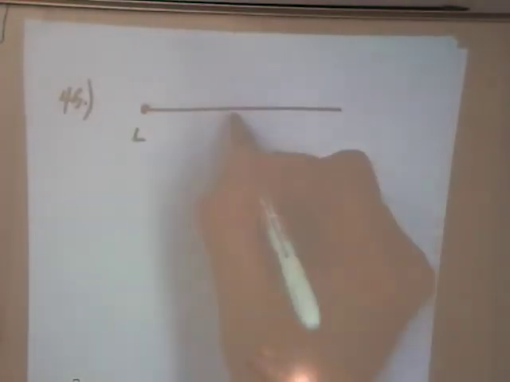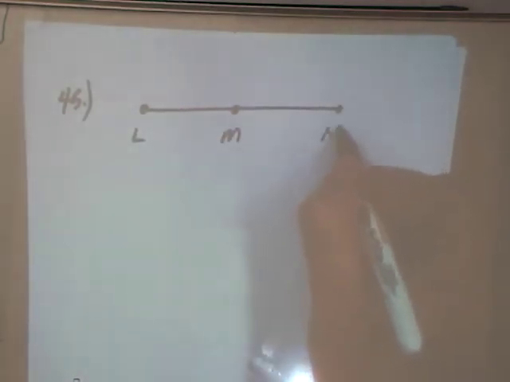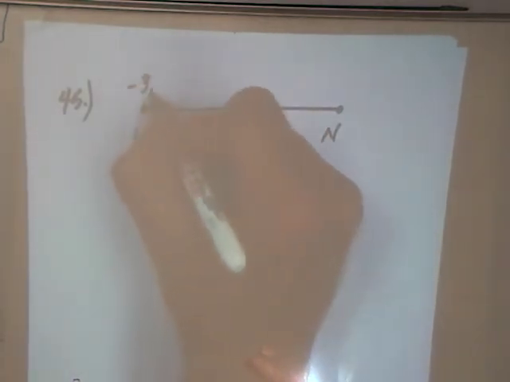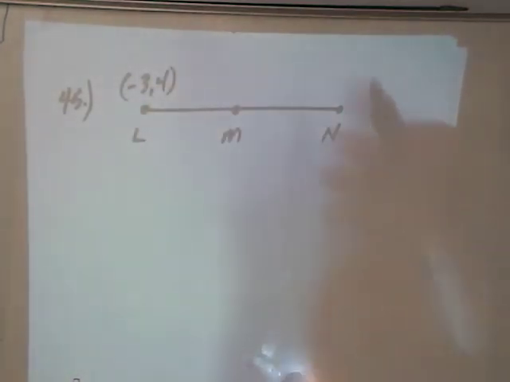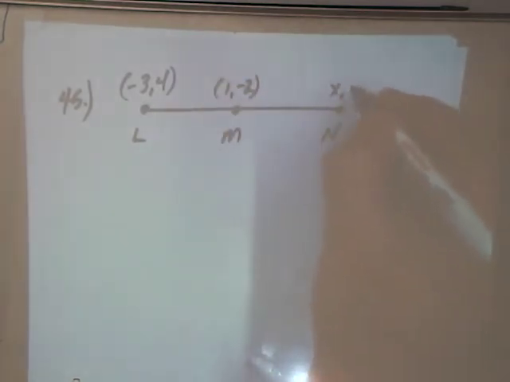They're giving us L, they give us M, and they want us to find N. L is (-3, 4), M is (1, -2), and they want us to find this point.